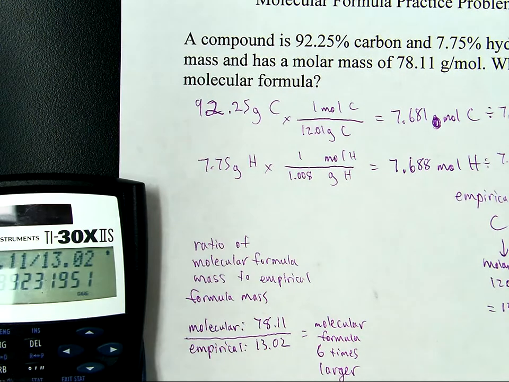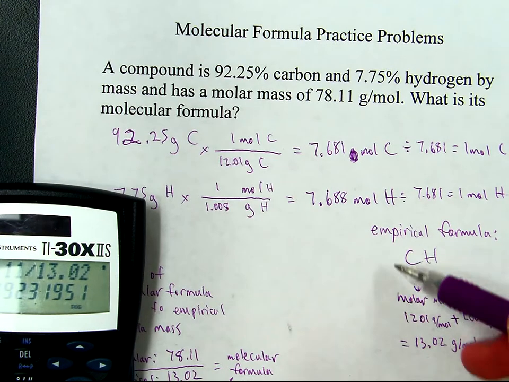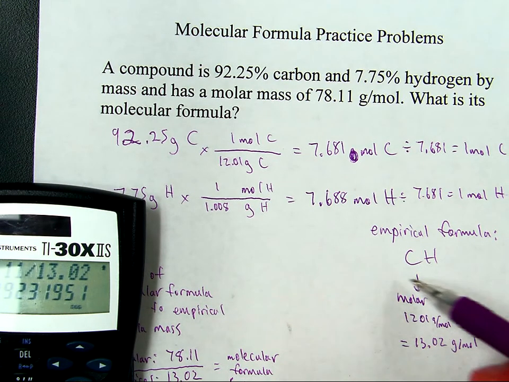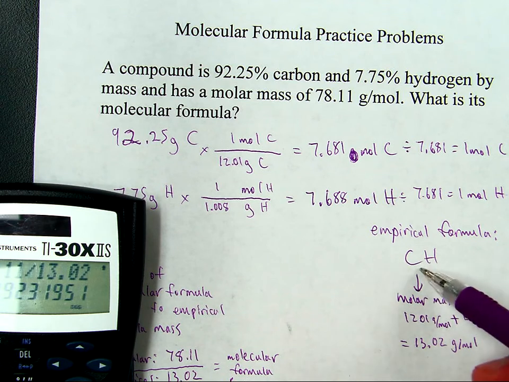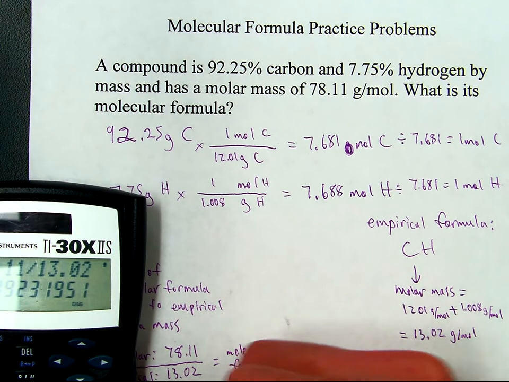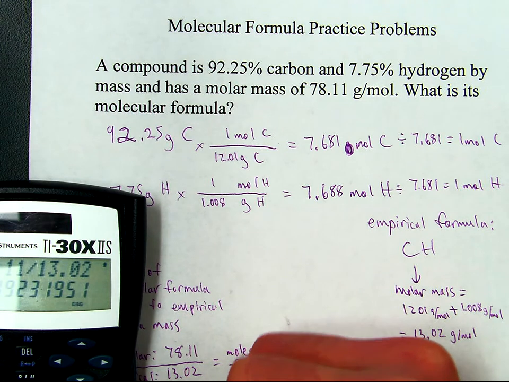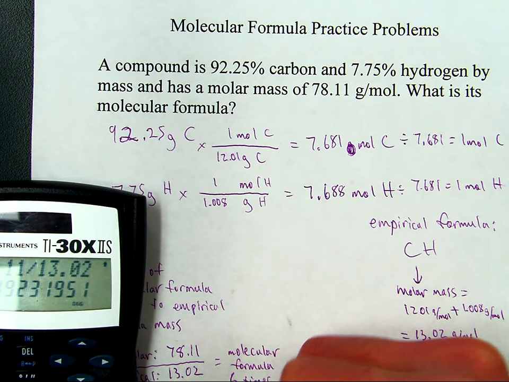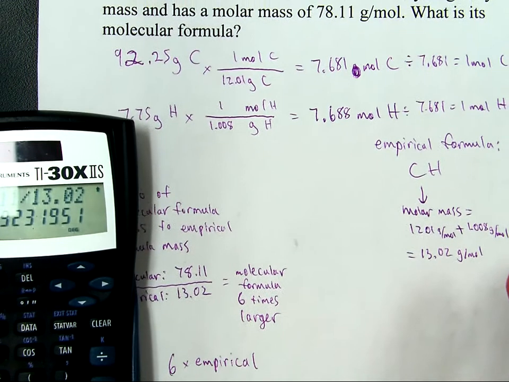So what that means is the molecular formula is 6 times this. Well, if I multiply this by 6, isn't that C6H6? So 6 times empirical formula equals molecular formula.